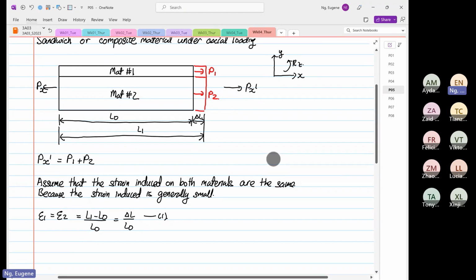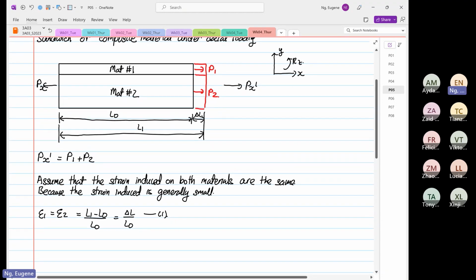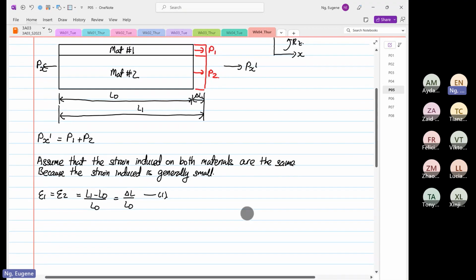And as I said, the strain induced is small. And why I mentioned that is because based on Hooke's law, remember all these are in the what? Elastic region.